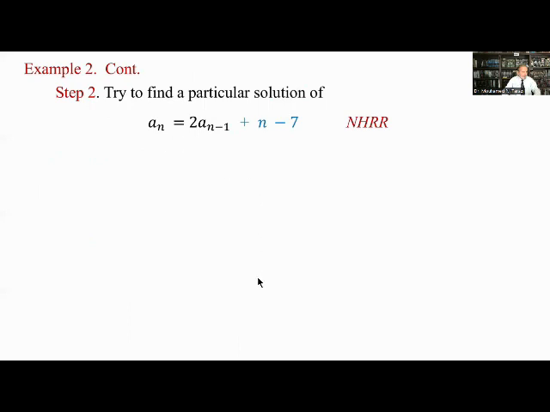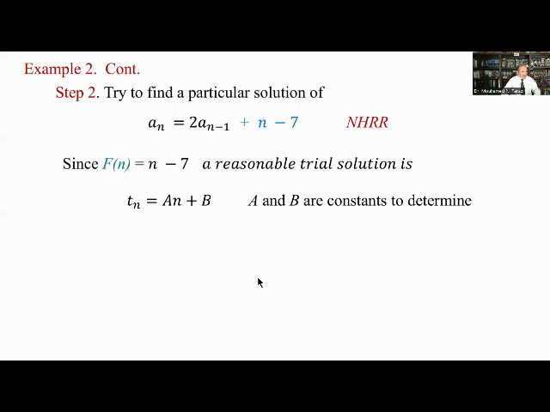Let's see how that's done. Since Fn is n minus 7, a reasonable trial solution is a polynomial of degree 1, to match this. So we are going to try pn equals an plus b as a particular solution of all of this here, where a and b are constants to be determined.